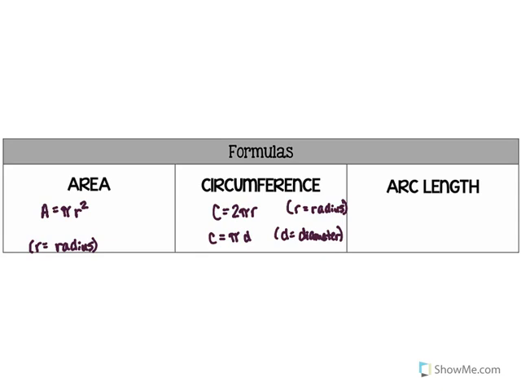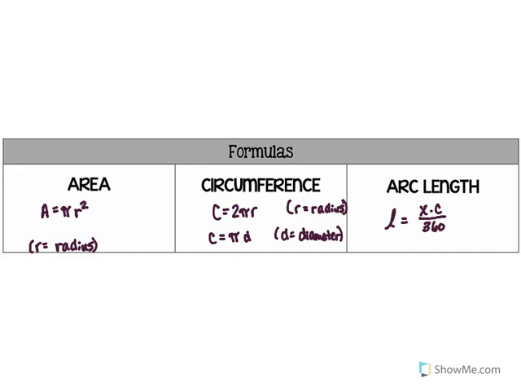And the last one, which is arc length, is new for you guys. You have not done arc length before. So arc length, we're going to denote with just an L, a cursive L. And we're going to say it's x times c over 360.